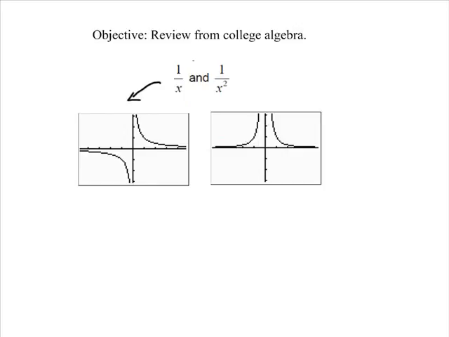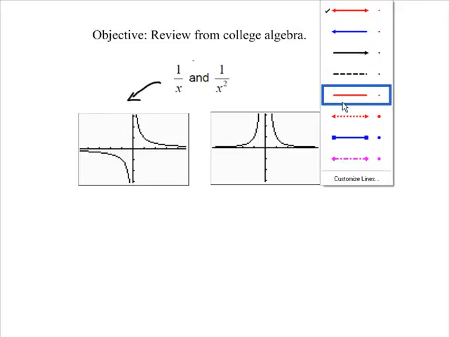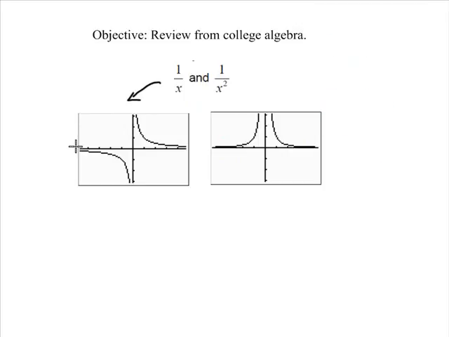So the graph of 1 over x is going to look like this first picture that I have here from the graphing calculator. The things that you want to pay particular attention to is that there are some asymptotes. There's something that we call a vertical asymptote, which occurs at the line x equals 0.